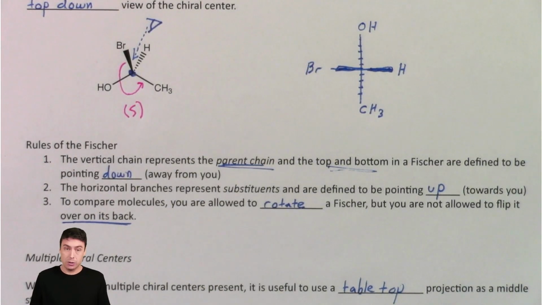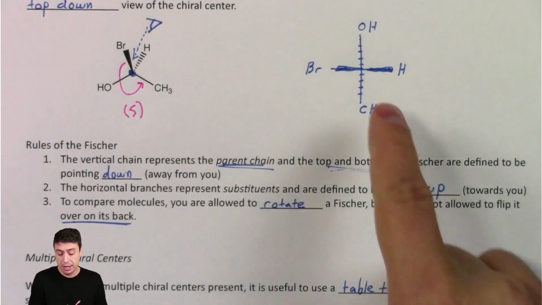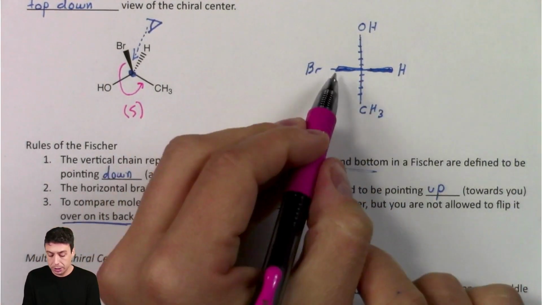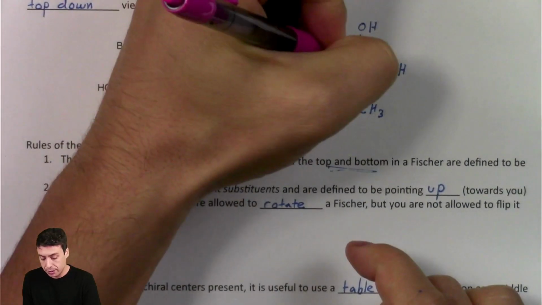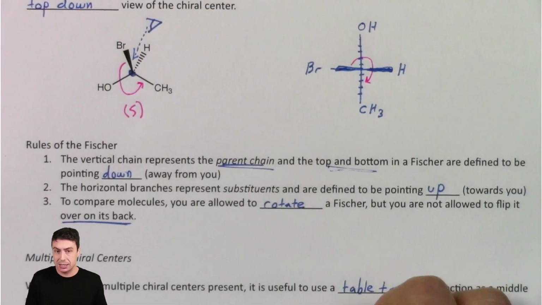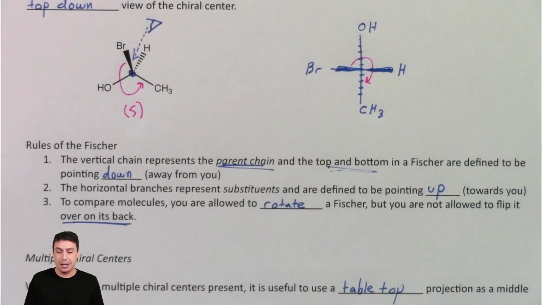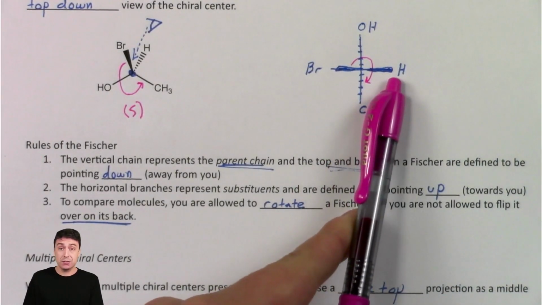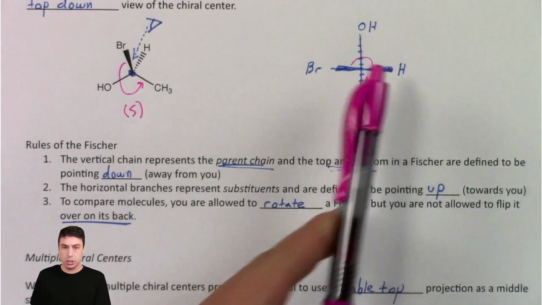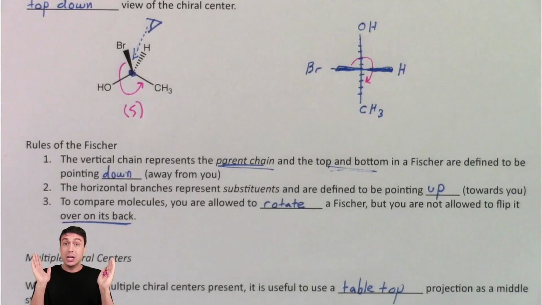So if you're paranoid or if you're just playing it safe, once you build a Fischer, check the RS configuration. But there's one little wrinkle here. The priorities are the same. So bromine, OH, methyl, okay, fine. So this would be, oh, wait a minute, it's a clockwise arrow. Ooh, is that bad? Well, remember, the definition of a Fischer is those things on the horizontal are up on wedges.